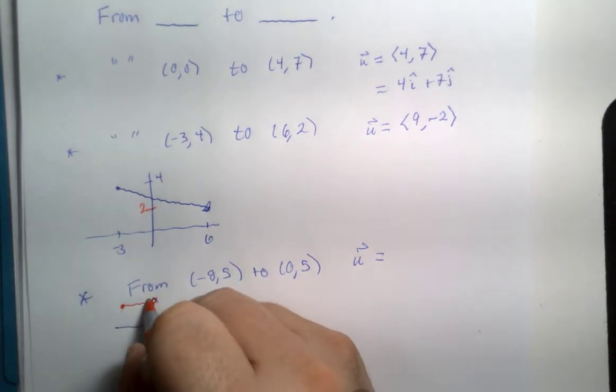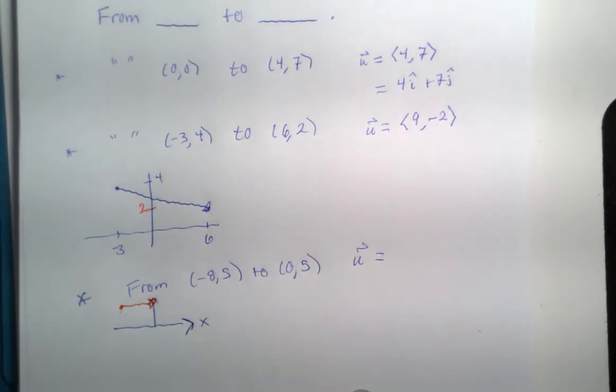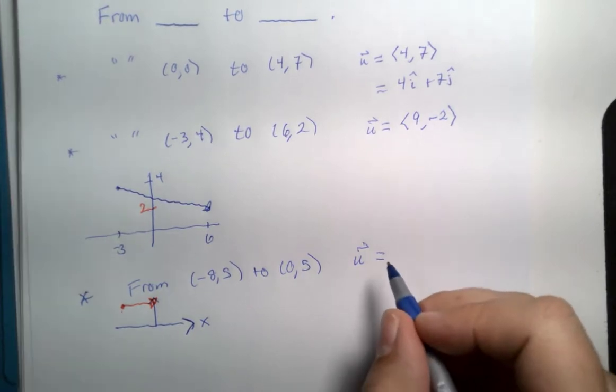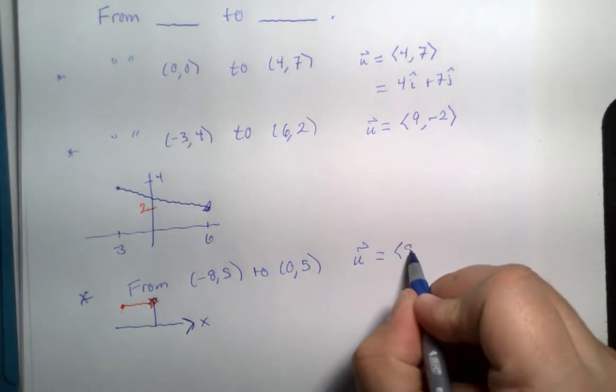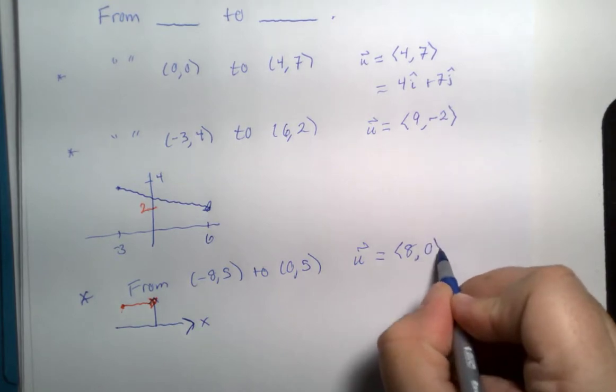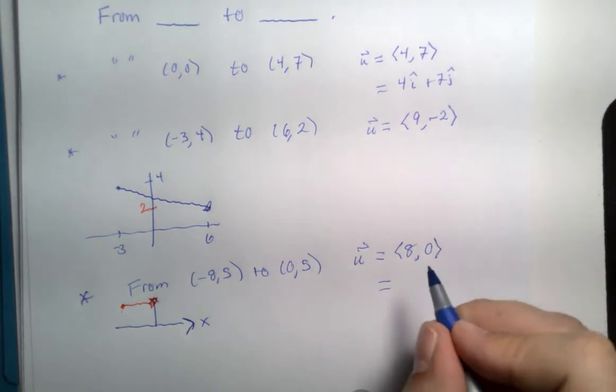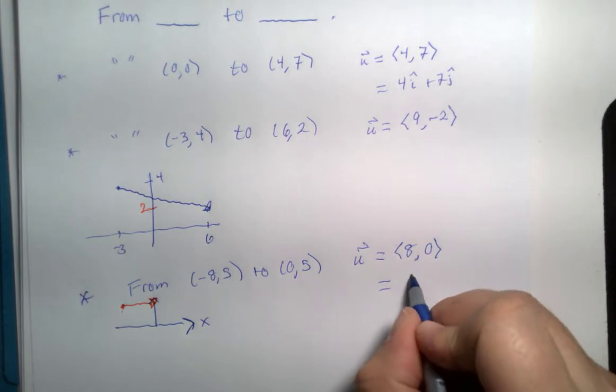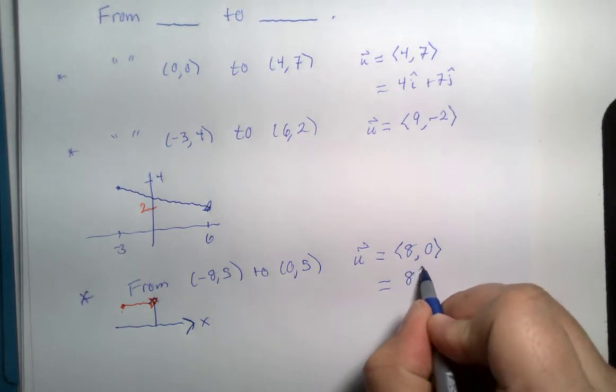You're going to the right, you're not going up or down. So that would be the vector that increases in the x direction by 8, but the y direction doesn't change at all. And in the physics notation, you would say that is the vector 8i.